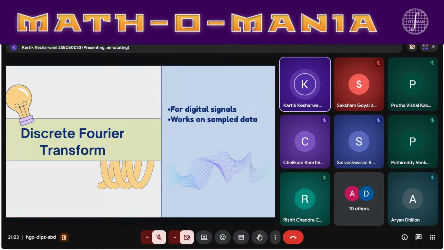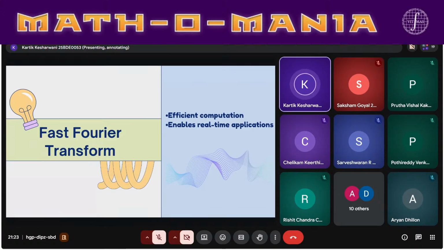To overcome this limitation, we use a more efficient method. This is where the fast Fourier transform, or FFT, comes into play. The FFT is not a different transform, it is simply a faster way of computing the DFT. It uses clever mathematical techniques to reduce the number of calculations required.